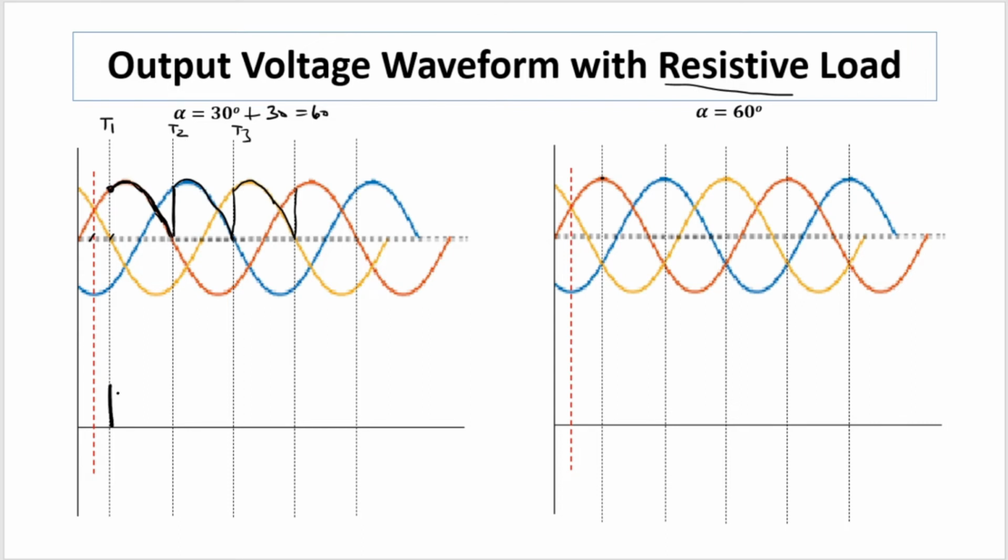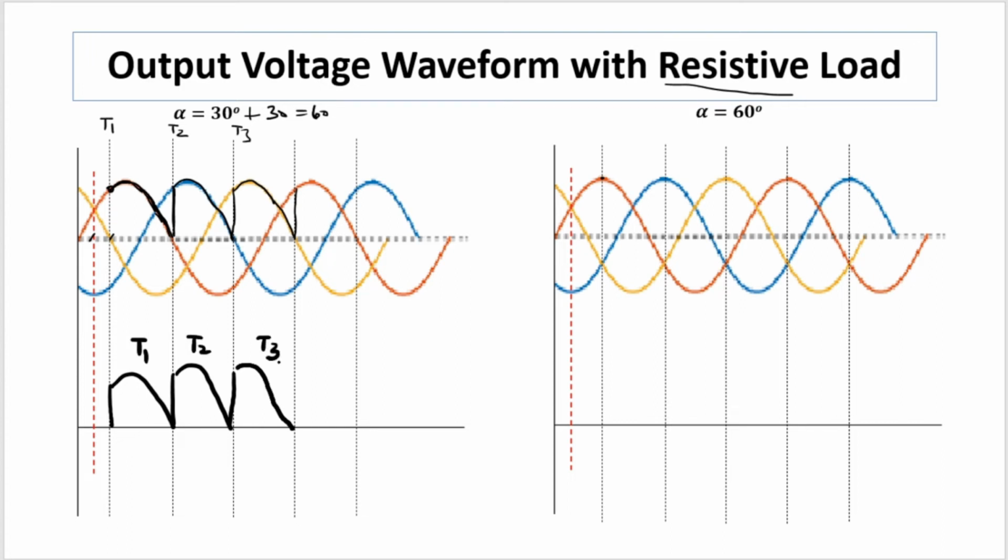This will look like this: T1, current will be discontinued, then T2, and then T3, and so on. So T1, T2, and T3.